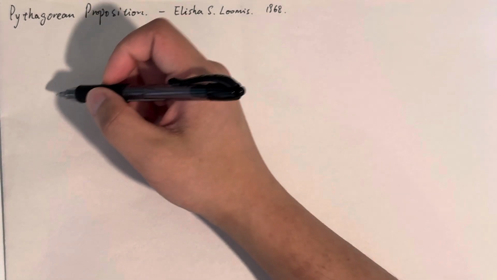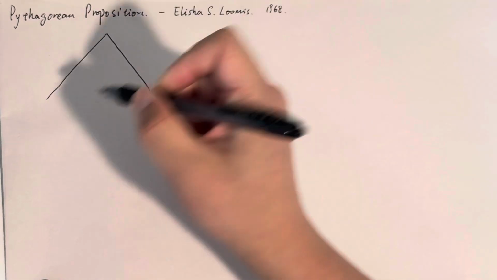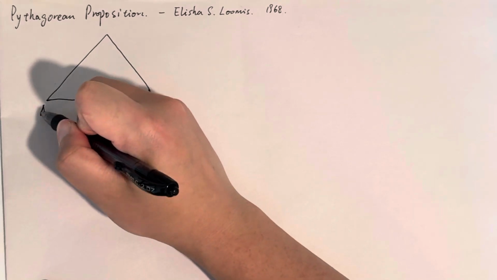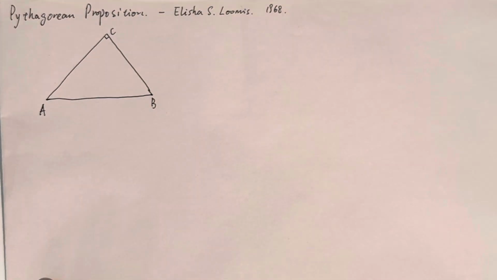Okay, the Pythagorean theorem, I think most of the audience should already be familiar with. For example, we have a triangle here. Let's name it A, B, C, where angle C equals 90 degrees.